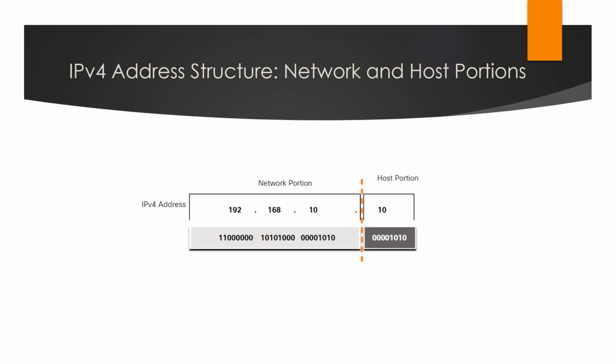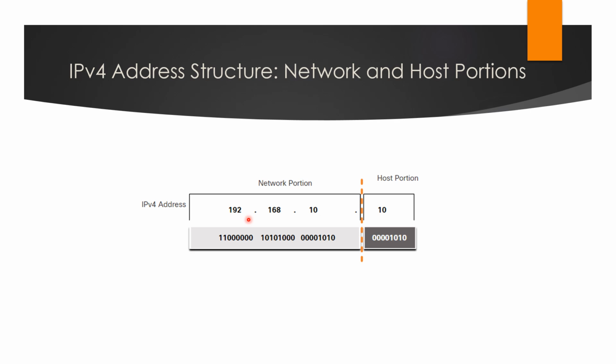You have to see that the bits within the network portion of the address must be identical for all devices that reside in the same network. And the bits within the host portion of the address must be unique to identify a specific host within a network. If two hosts have the same bit pattern in the specific network portion of 32 bits, those two hosts will reside in the same network.